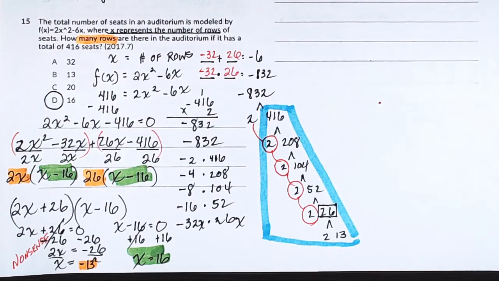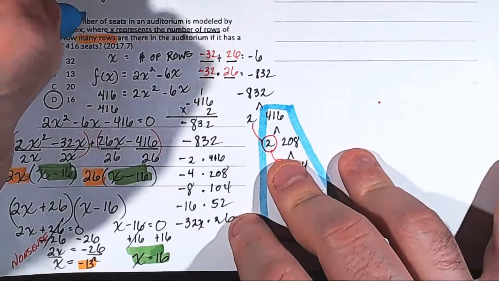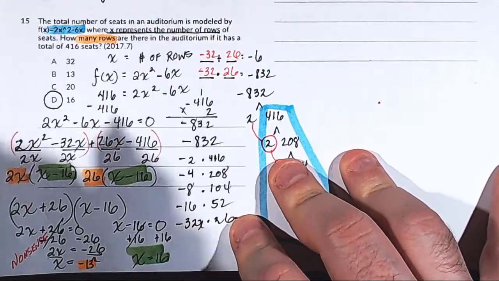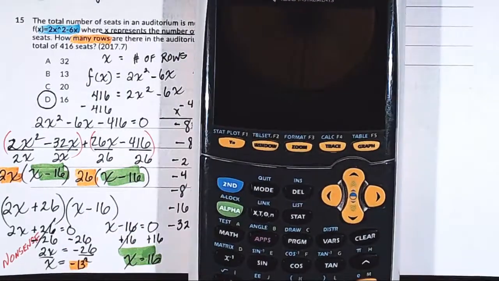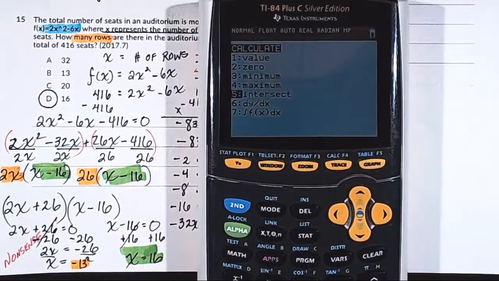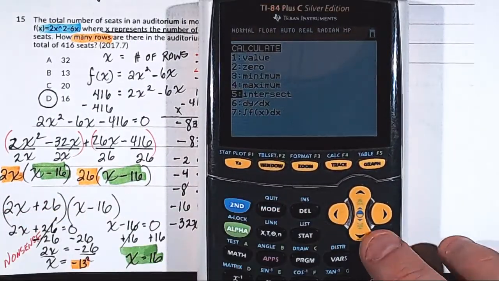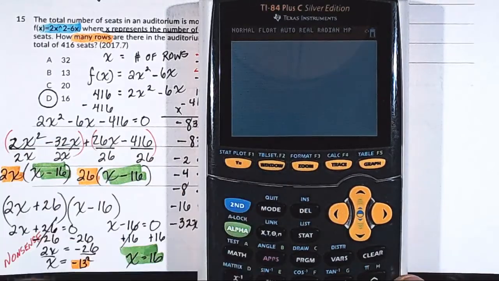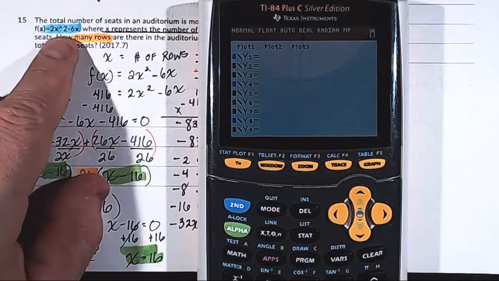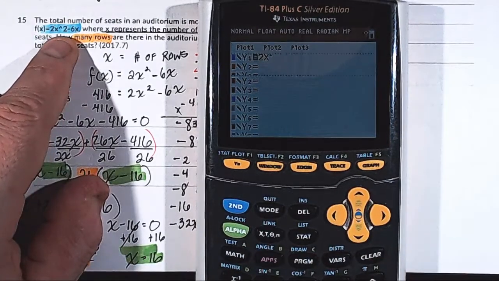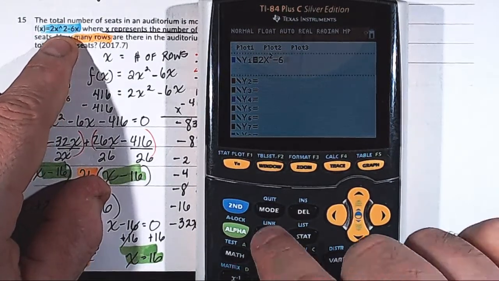So let me show you how quickly you can solve this on the calculator. You just need this. And what we'll do is we will go to the calculator. Let me get to y equals and clear out everything that's there, and just put in 2x squared minus 6x.